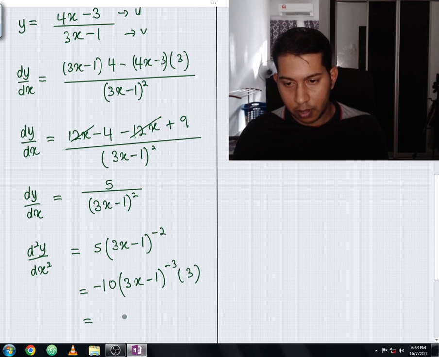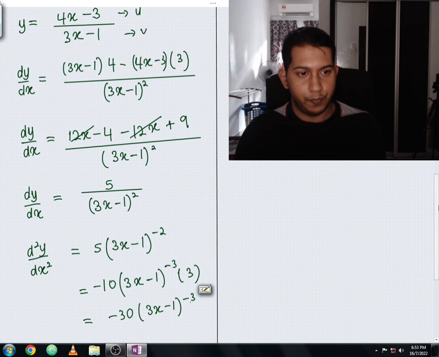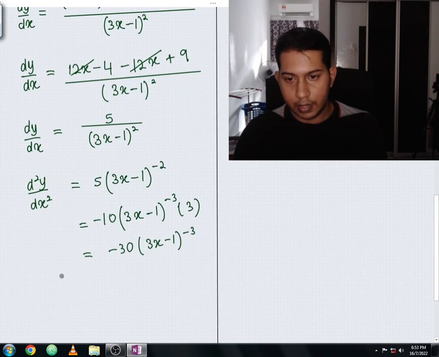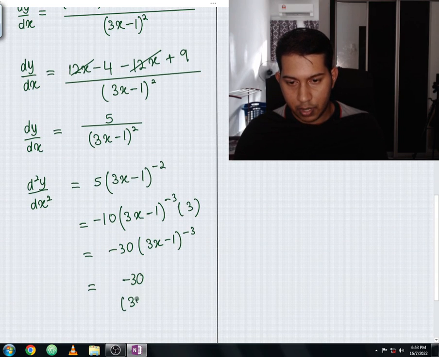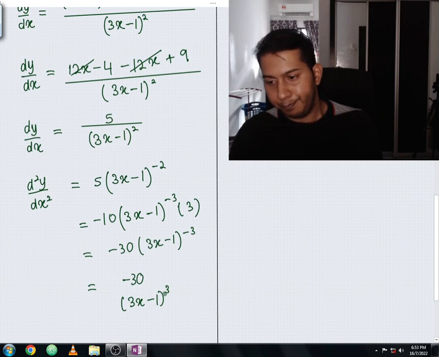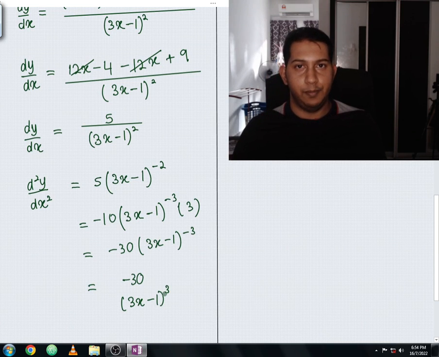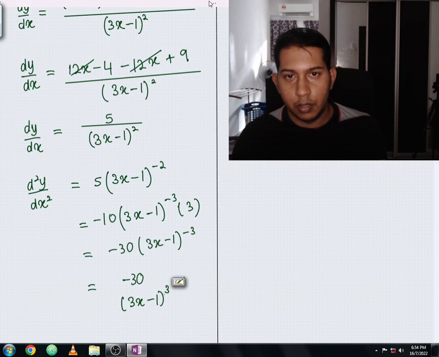So you should get negative 30 in a bracket (3x - 1) to the power of negative 3. And then your final answer will be negative 30 divided with (3x - 1) cubed. So this is your final answer.